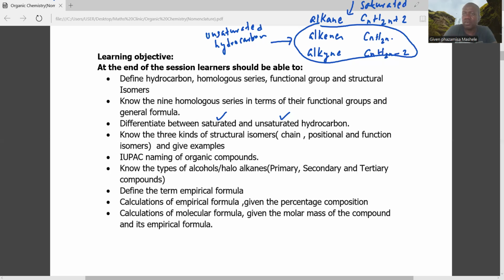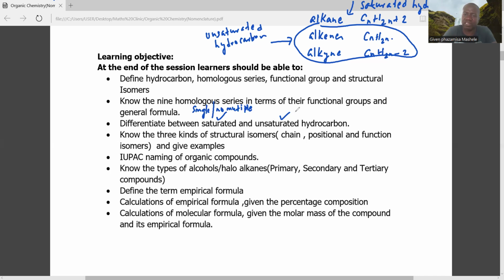Now, why is it called a saturated hydrocarbon? It's because it contains single bonds between the carbon atoms. Since it contains single bonds or no multiple bonds between the carbon atoms, it is regarded as saturated. These ones contain at least one or two double or triple bonds between the carbon atoms.